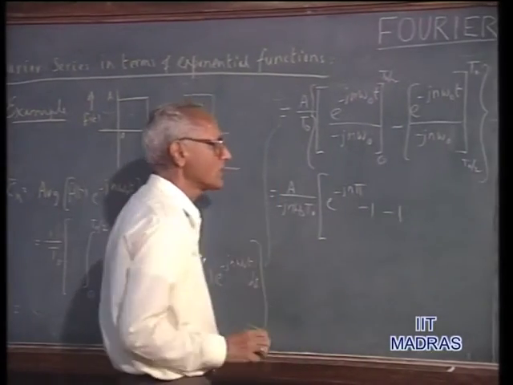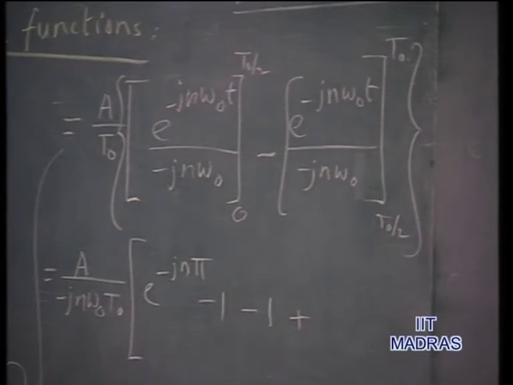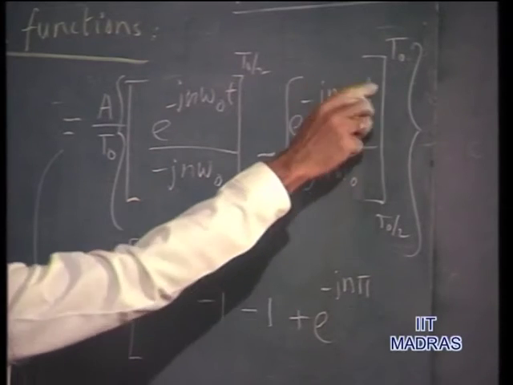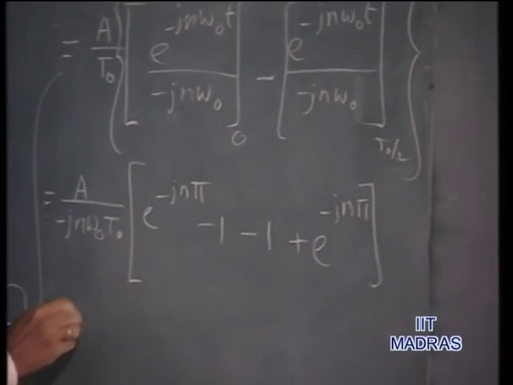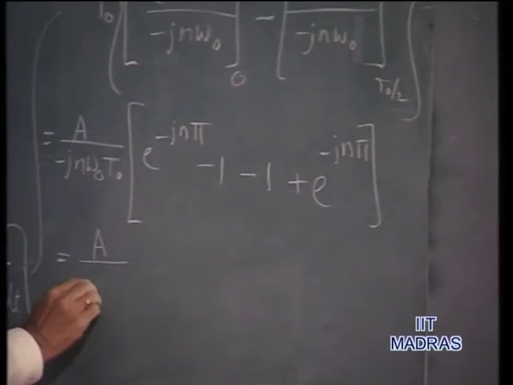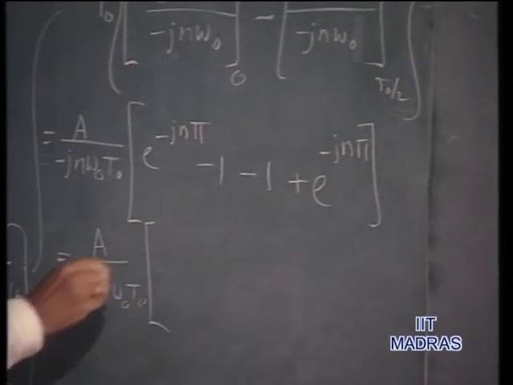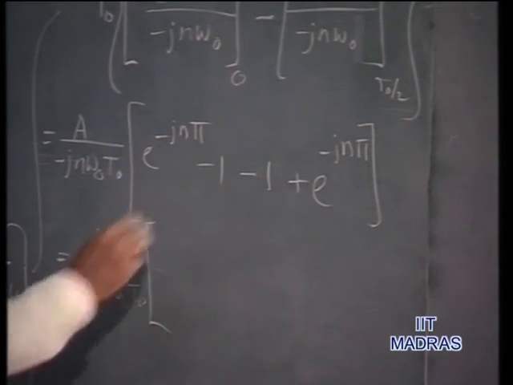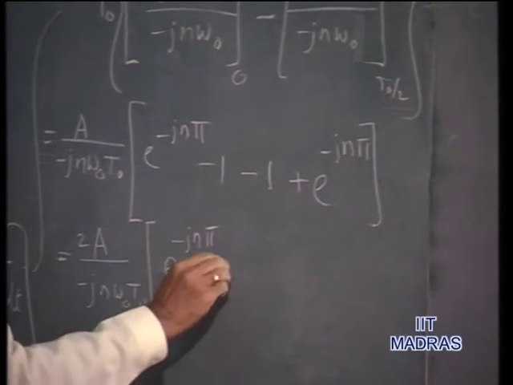Therefore, 2 pi gives minus 1, and at the lower limit, because of the minus sign, it becomes plus e to the power of minus jn pi, because t naught upon 2 multiplied by omega naught equals pi. Therefore, this can be written as 1 over minus jn omega naught t naught. These two can be combined into 2 times e to the power of minus jn pi minus 2. Therefore, 2a times e to the power of minus jn pi minus 1.